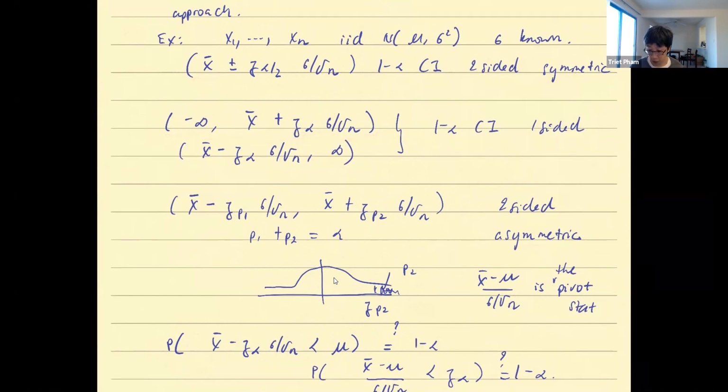Is that okay? This is the upper bound, this is the lower bound, as clear as it gets in terms of confidence interval. I'm not making a precise connection right now. Any other question?